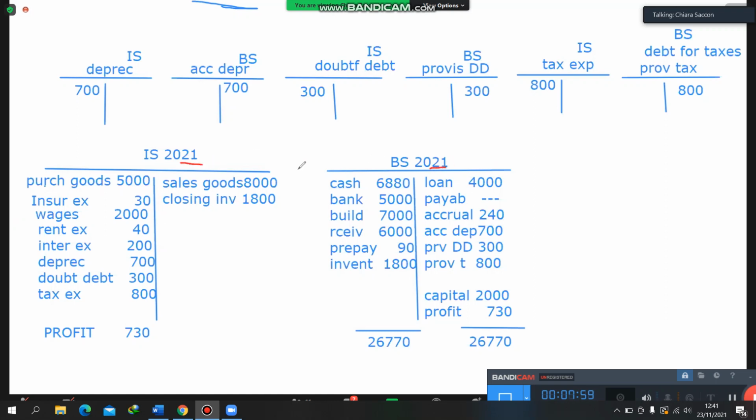Now we see that this one also becomes the balance sheet at the beginning of the next period, year 2022. So the 1st of January 2022. The same.